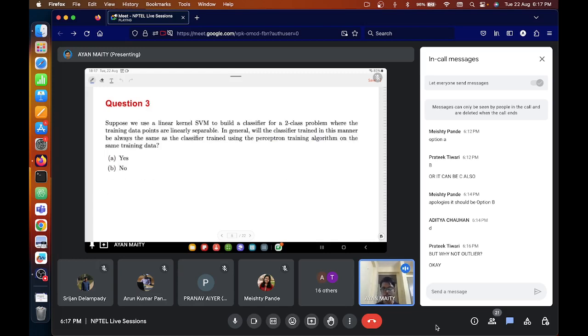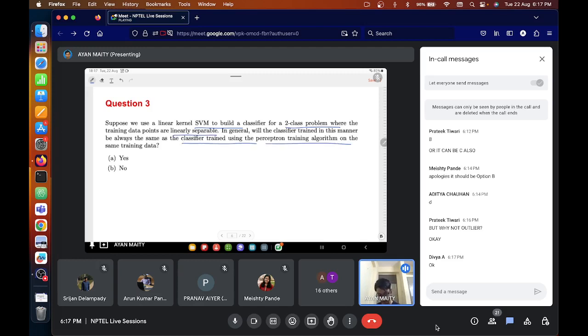So now we can move on to question 3. Suppose we use a linear kernel SVM to build a classifier for a 2-class problem where the training data points are linearly separable. In general, will the classifier trained in this manner be always the same as the classifier trained using the perceptron training algorithm on the same data points?